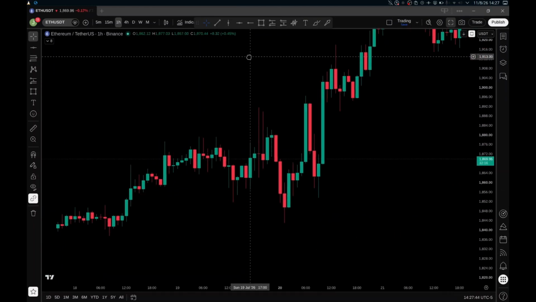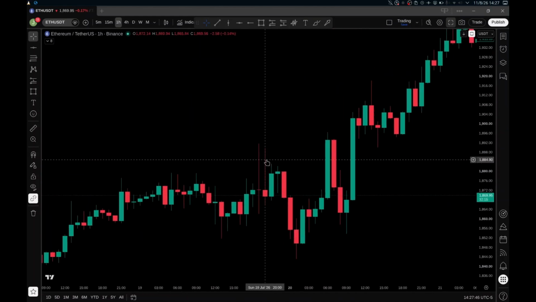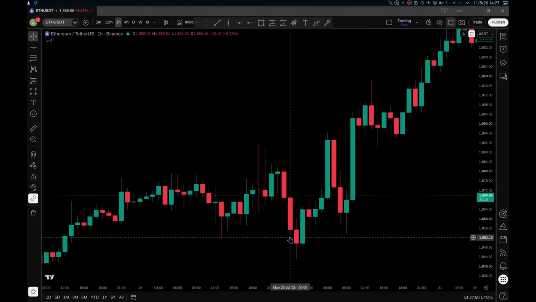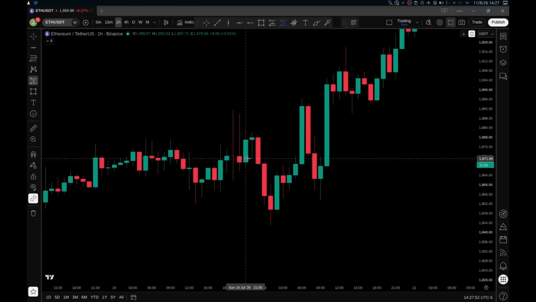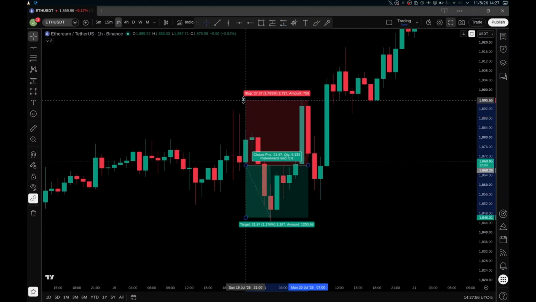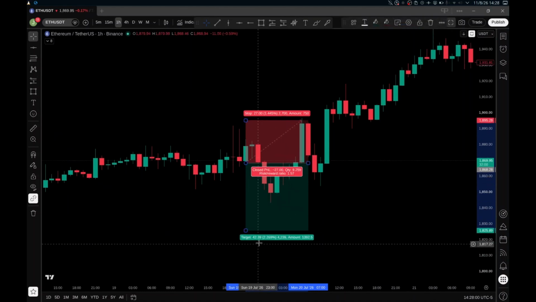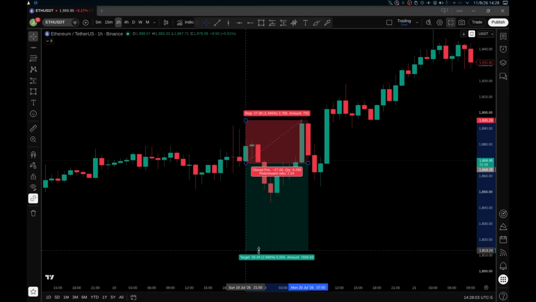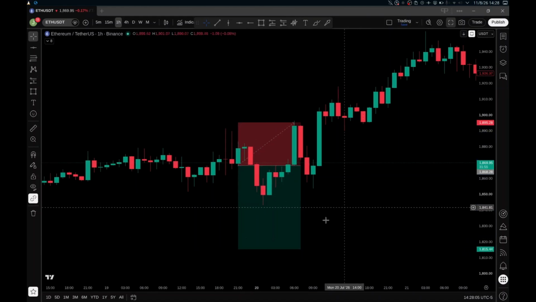Here, for example. So we have these two rejections. So you could say we're going down for sure, but let's say you position yourself like here, you put the stop loss a little bit up from that, and you were looking for that RR or risk reward of 2, and look at this.